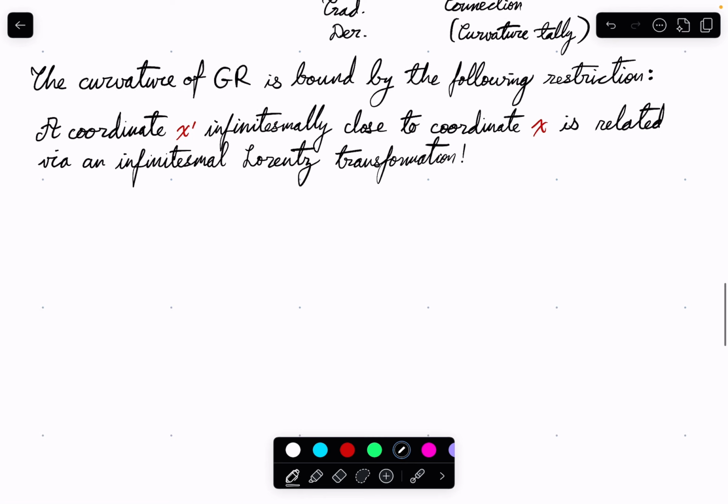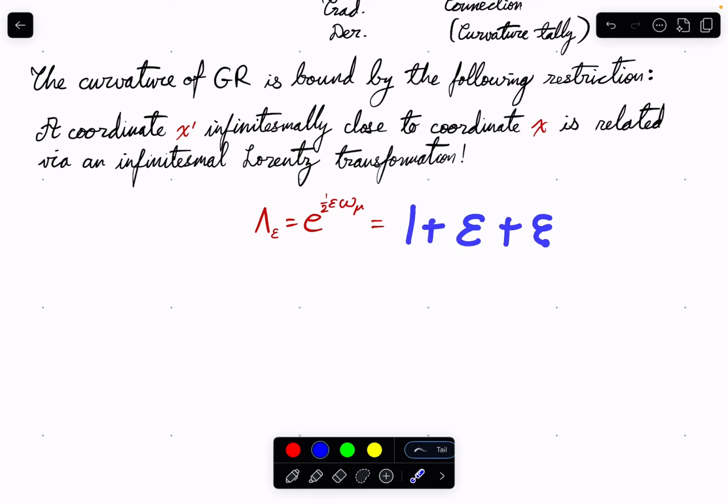Because the Lorentz transformation is infinitesimal, we have lambda, and we're going to denote it with epsilon, where this epsilon is a real scalar value that is infinitely small. We say that it's e to the 1/2, then the infinitesimal value, and then the bivector omega mu. This is the generator of the rotation, and we're just labeling it mu for now. You'll see why later. If we expand this out as a Taylor series approximation, we get 1 plus something to the epsilon and then epsilon squared.